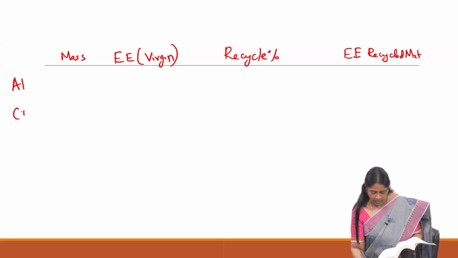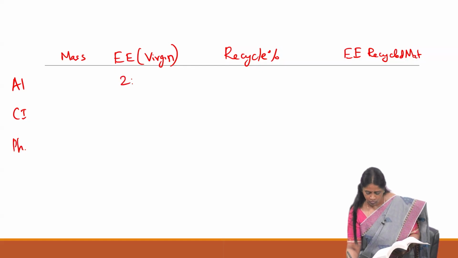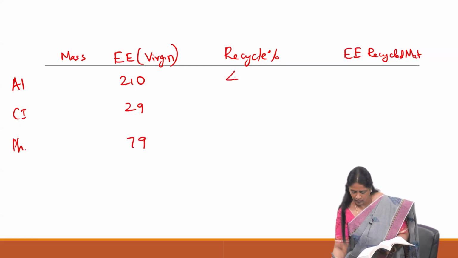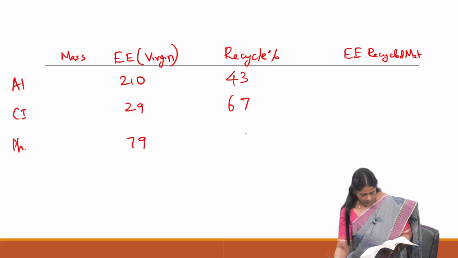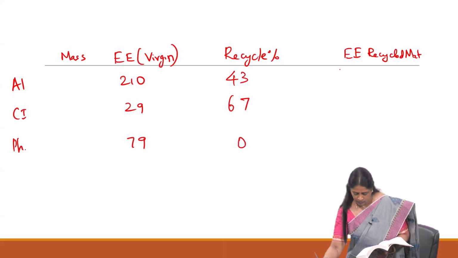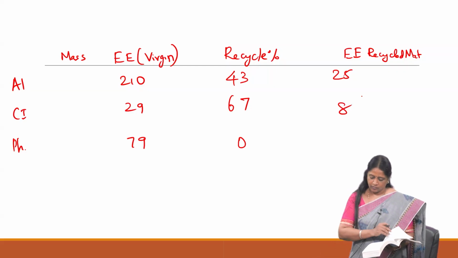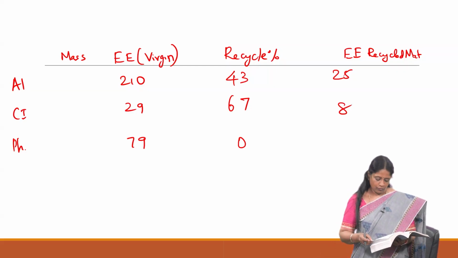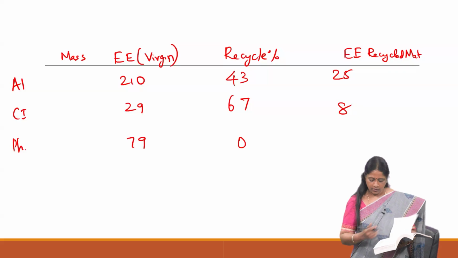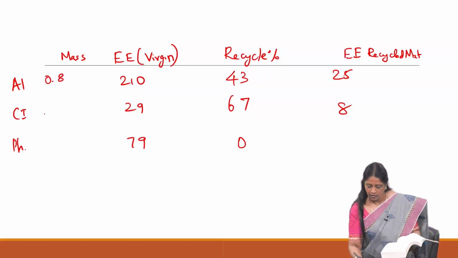Aluminum, cast iron, phenolic. E is 210. Okay, 0.8, 0.1. For cast iron, 3 times, it's 2.4, and 0.1.